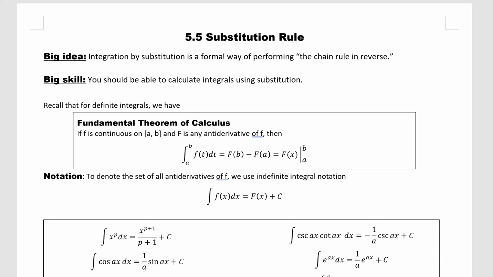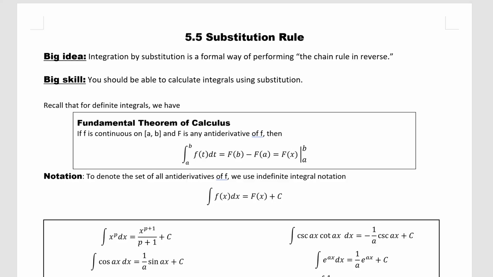Before we start, let's recall for a definite integral, we have the fundamental theorem of calculus. The definite integral equals: you calculate the antiderivative, and then you plug in the upper limit of integration b, and then you plug in the lower limit of integration a.